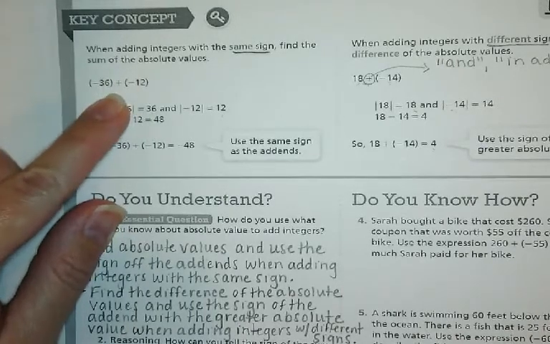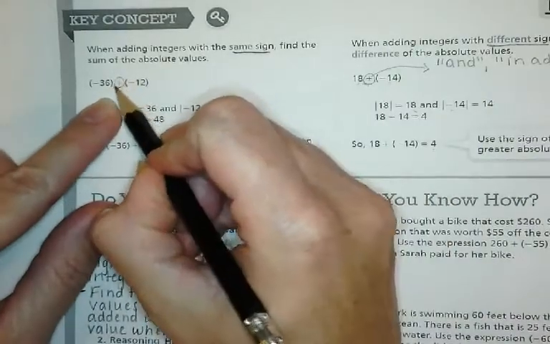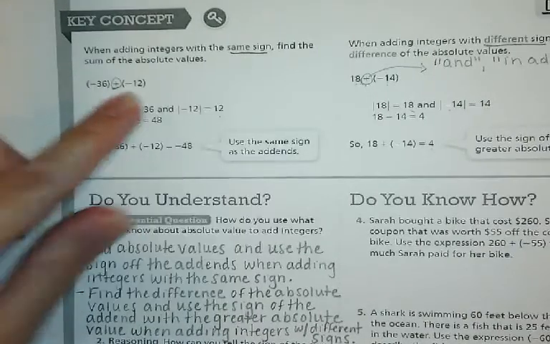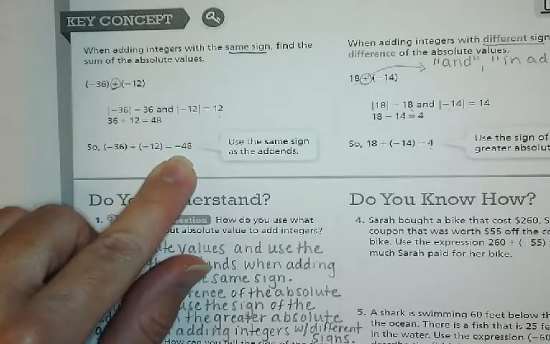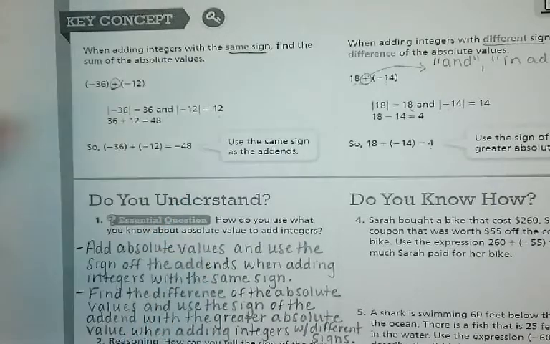Maybe it's spending money. You spend $36 and remember, you can use the word and here for this plus sign. You spend another $12. Well, you're going to end up spending $48. So the negative in this situation is referring to spending money.